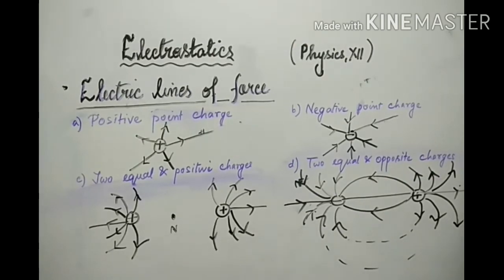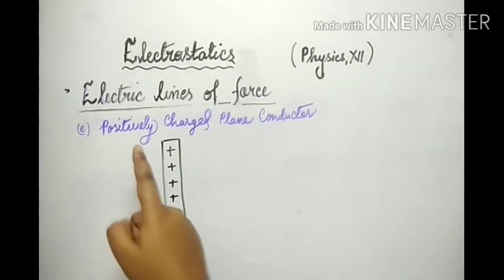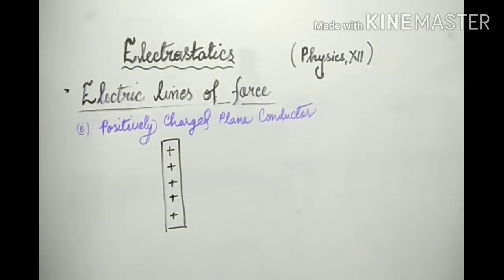There is one more case: electric lines of force for a positively charged plane conductor. This is the fifth case. In this case, how will the electric lines of force be represented?